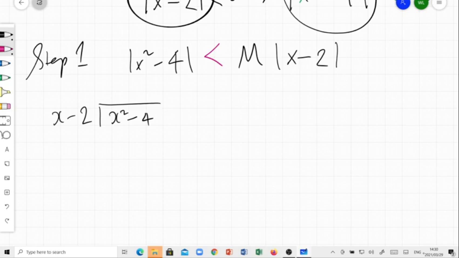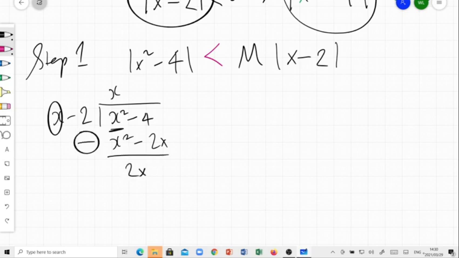When I do this division, remember long division, x goes into x squared x times, so I get x squared minus 2x. I do a subtraction, so I then end up with 2x minus 4, and then this will go plus 2 to get 2x minus 4, and I end up with 0.